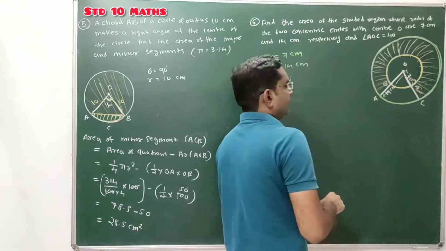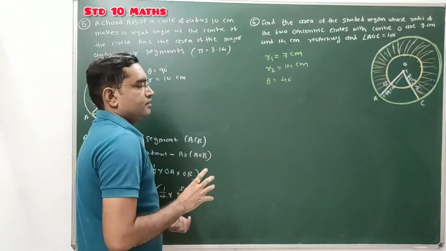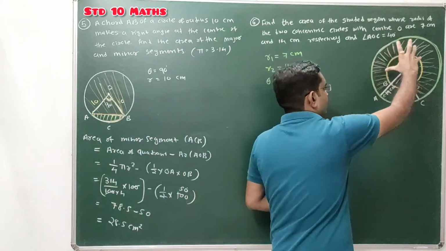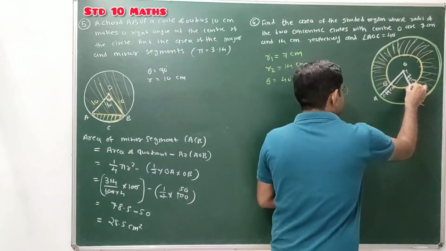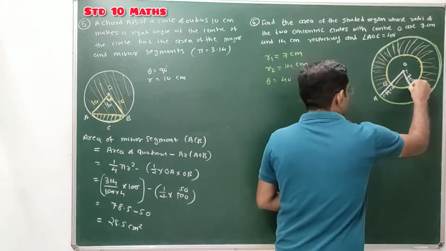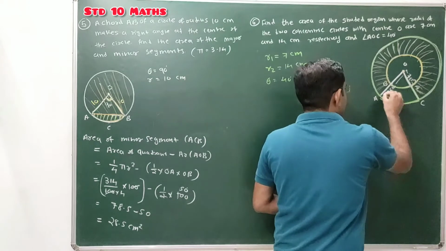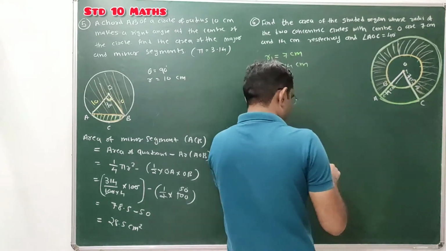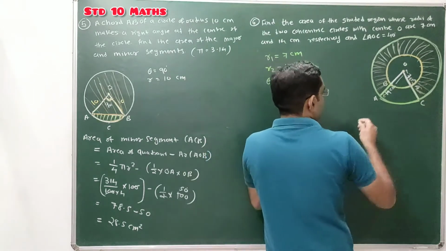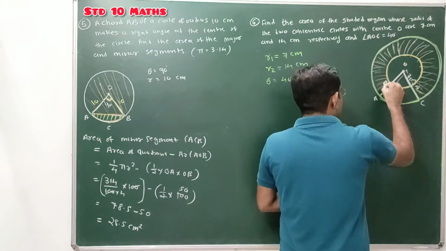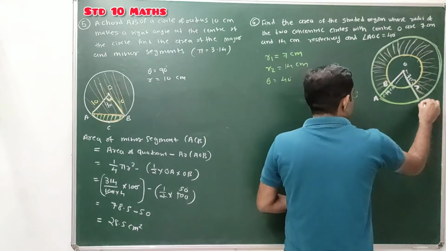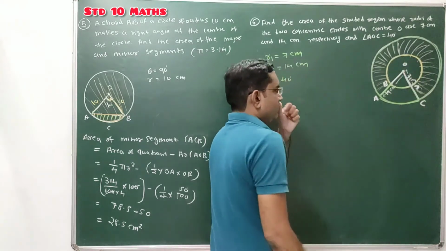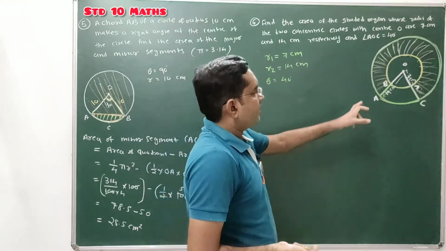So what is this shaded region? Area of the shaded region is nothing but the area of this ring minus the area of this region, ACDB. This is our point B, this is our point D, this is A, and this is C, and this is O. So first we have to find the area of the ring.